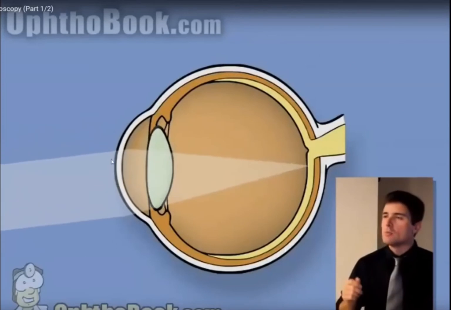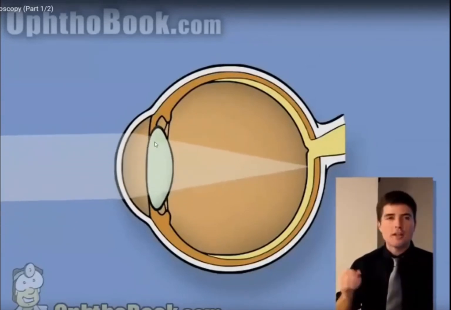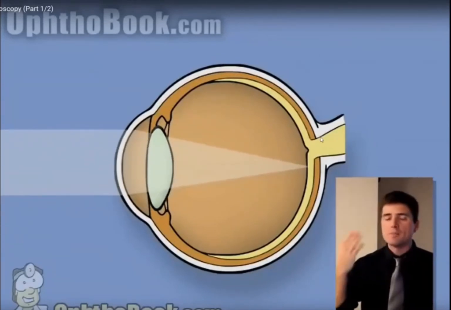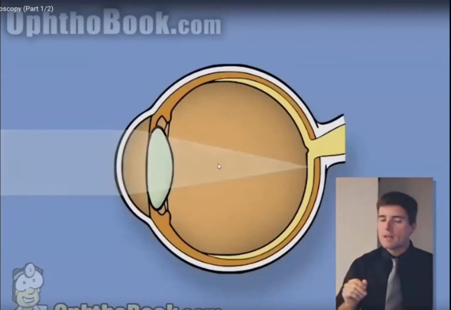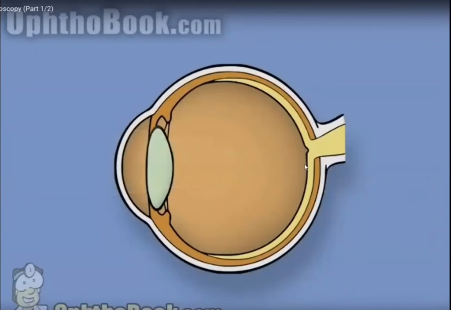So the objective is to look through the patient's pupil and see the reflex on the back of the eye. Now, if the patient is perfectly emmetropic, that reflection will be static.